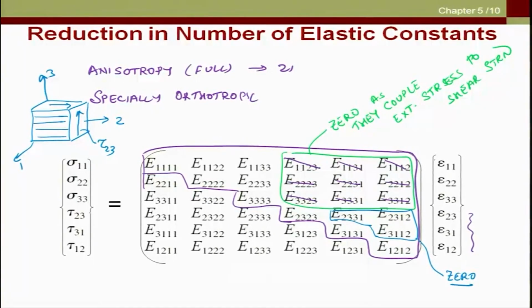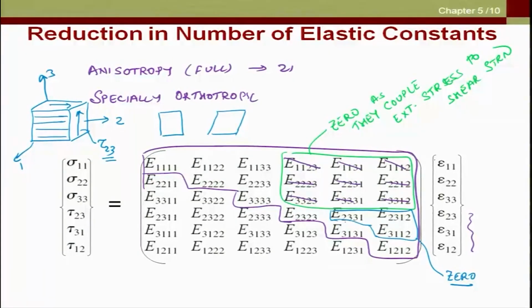When I apply tau 2 3 in such a material, the first thing is there is no extensional strain which will be generated, because I am applying only tau 2 3 and it is especially orthotropic. The second thing is this tau 2 3 will only generate shear in the 2-3 plane. So, initially the block is like this and later the block will become like this. It will not shear in the 3-1 plane or in the 1-2 plane, okay.